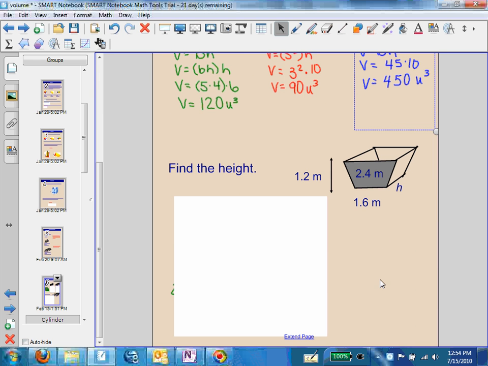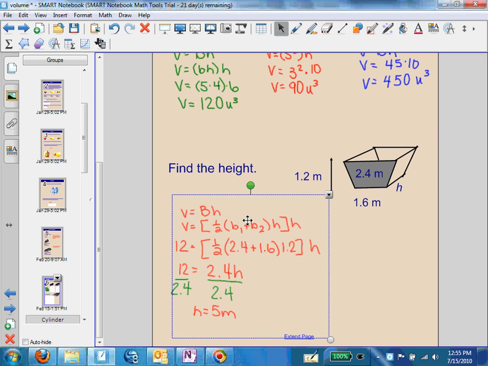Now in this case, this is tricky on several levels, because first we do have to use our trapezoid formula to work with finding the area of one of our bases, but we're also trying to find the height given that the volume is 12.